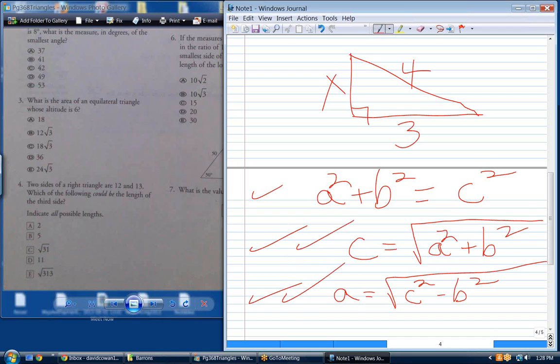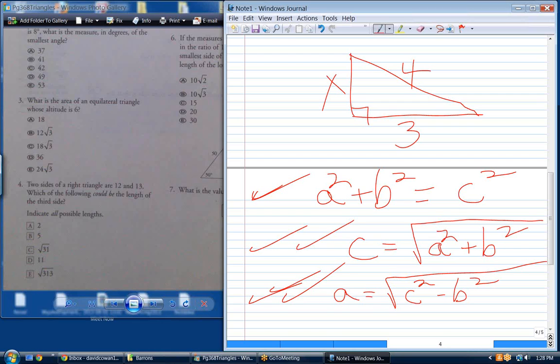So rather than memorizing just the Pythagorean theorem and going through the algebra each time, it's really helpful if you can jump directly to it. So that's the same thing where you say that the third side has to be smaller than A plus B, and the third side has to be bigger than A minus B.